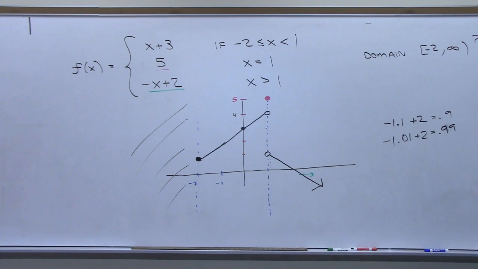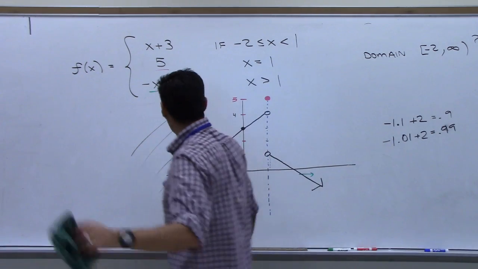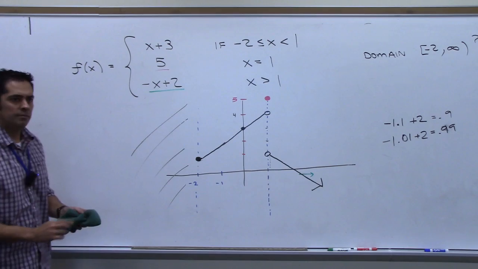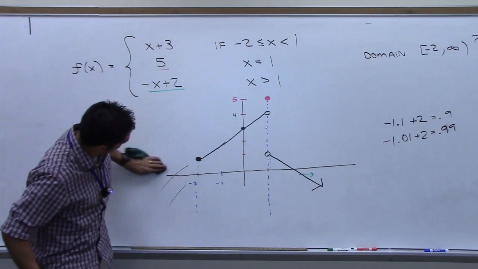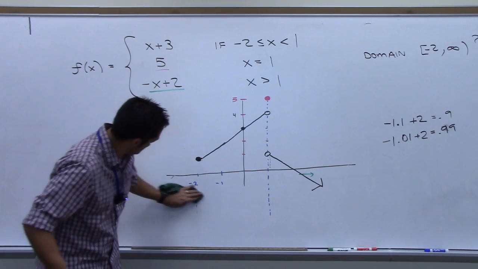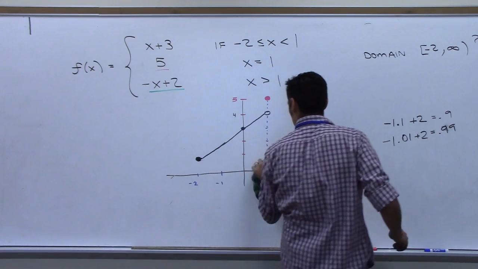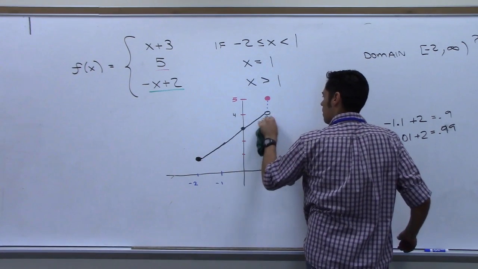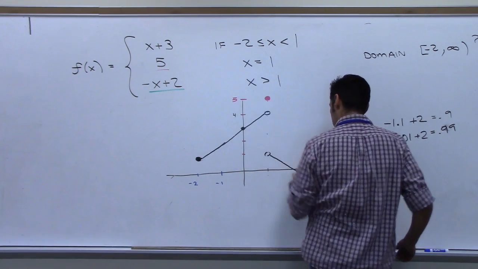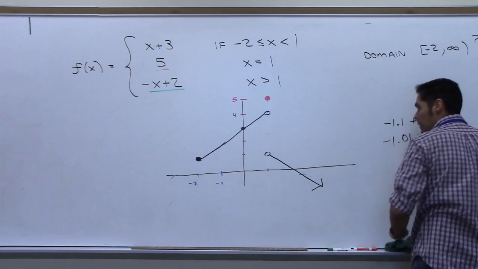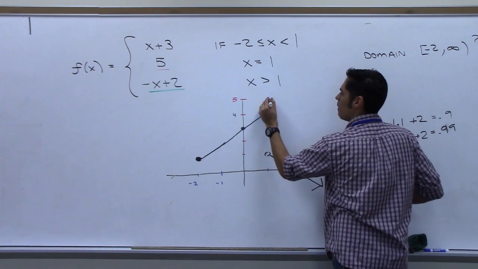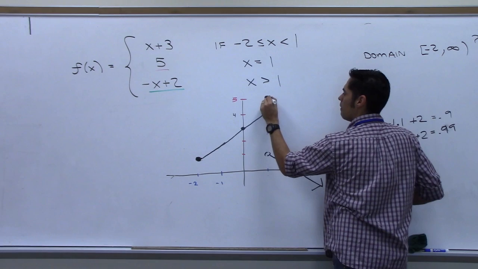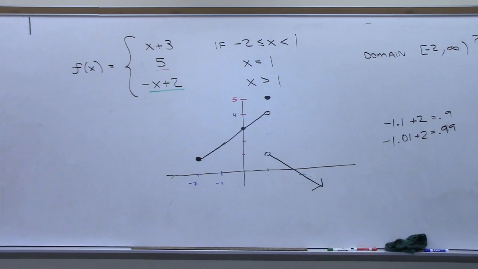And now if you take all that stuff out of there that we put in there to help us draw, may I take it all out now? That is the graph of that piecewise function.